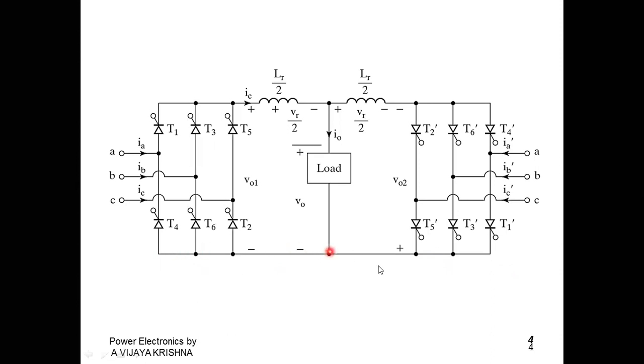Converter 1 can be stopped by removing its triggering pulses, and converter 2 is given the triggering signals, so converter 2 operates. At this time, converter 1 becomes idle; it is not operating.